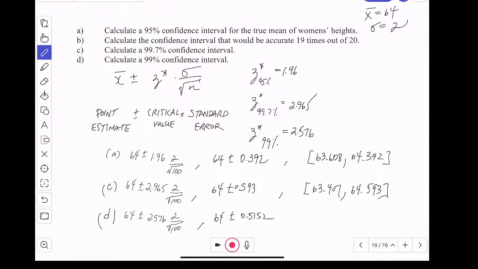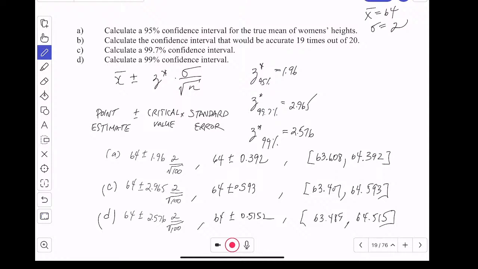All right, so this is the idea, and I make an interval, and I hope I got them all right, but the solution should be there if I didn't. Something like that.